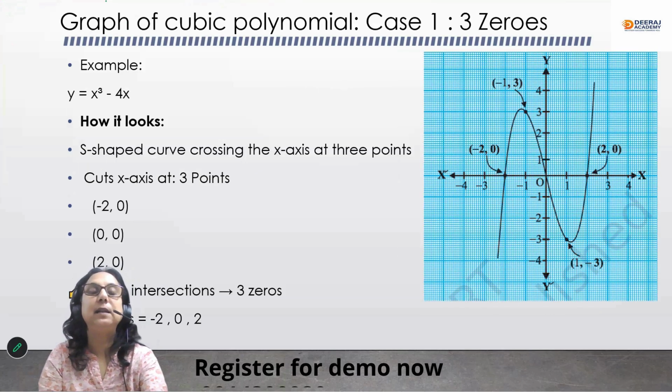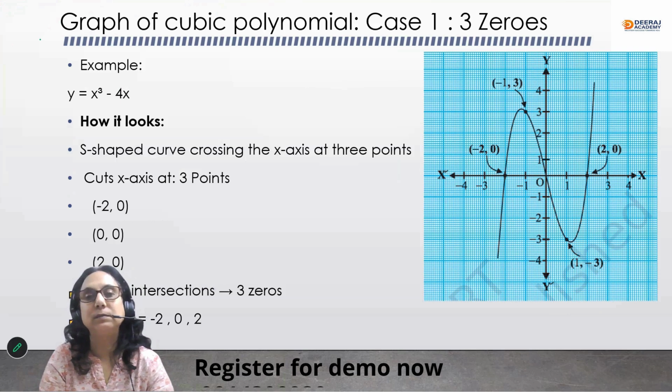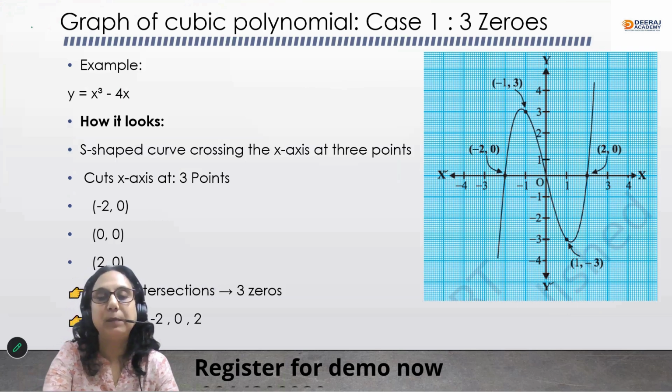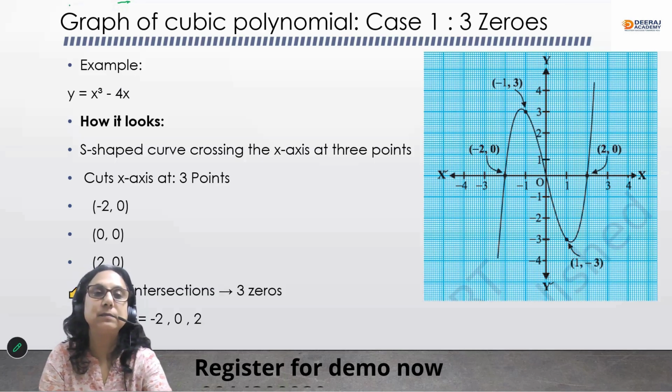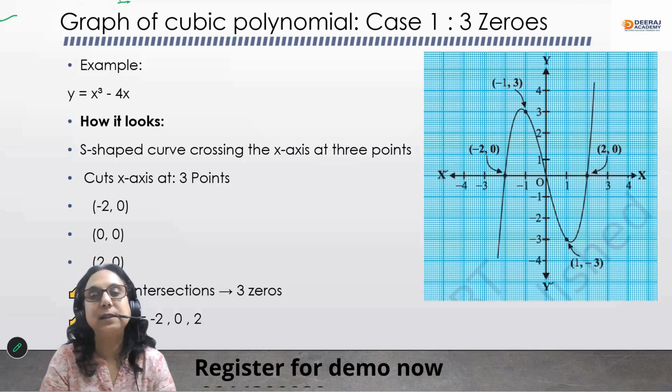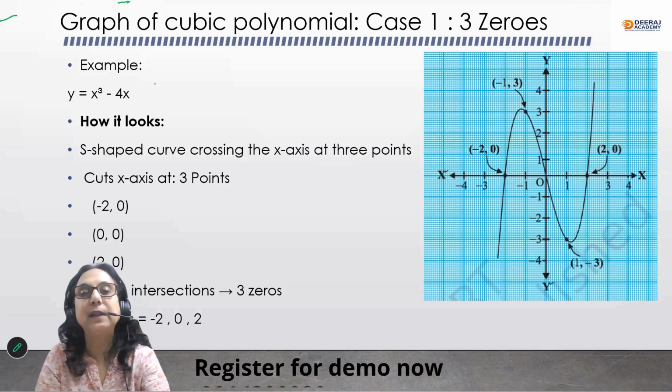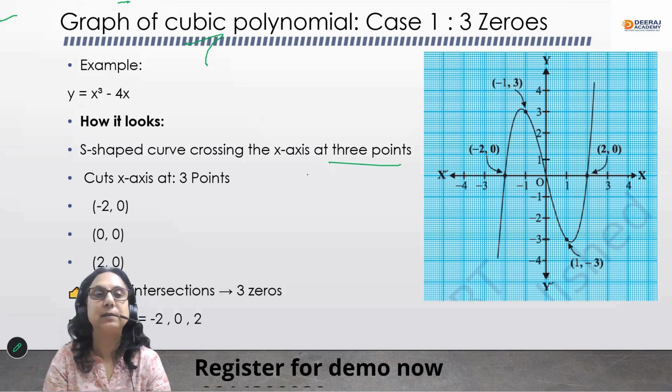Now we will see the cubic polynomial. In a cubic polynomial, we have degree 3, so it can have a maximum of 3 zeros. Let's see in this graph how many times it intersects the x-axis. It is an S-shaped curve which is crossing the x-axis at 3 different points.